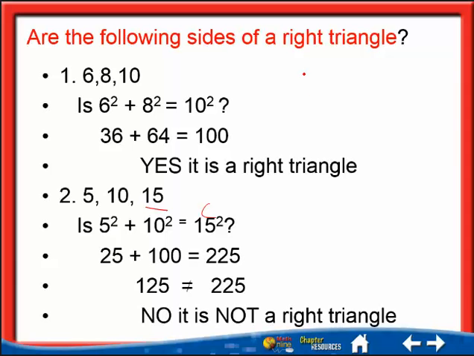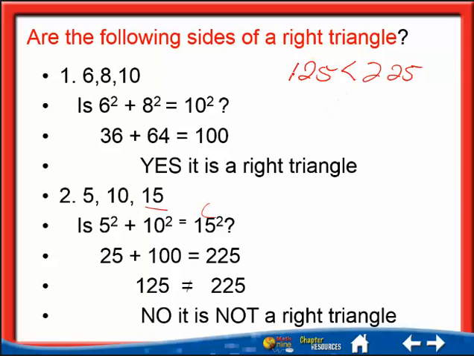Here's how you figure it out. If I had 125 and 225, what kind of inequality sign would I put there to make this a true statement? Is 125 greater than or less than 225? Well, obviously it's less than. So here's where it's backwards.